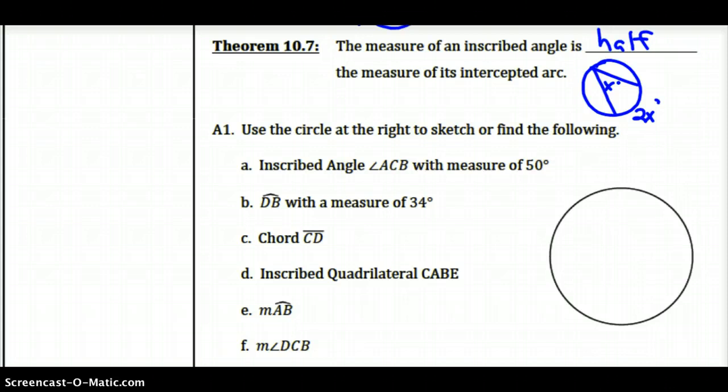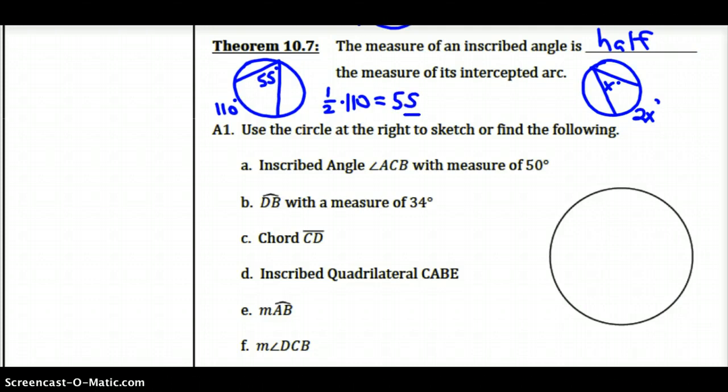If this is 110 degrees here, this is 55, because 1/2 of 110 equals 55. That's where that comes from.